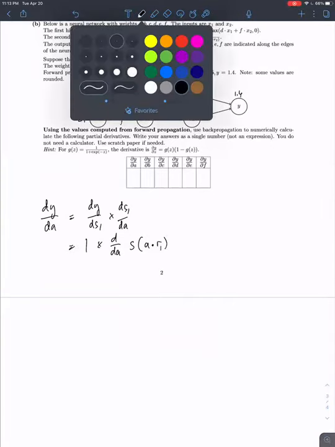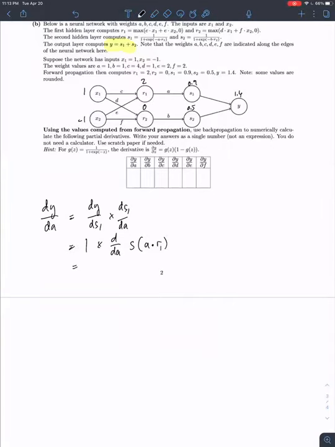Now I can use the fact that the derivative of the logistic function is S of that times 1 minus S. So this is S of A times R1 times 1 minus S of A times R1, multiplied by d/dA of A times R1, right?